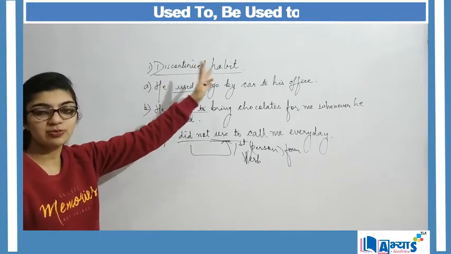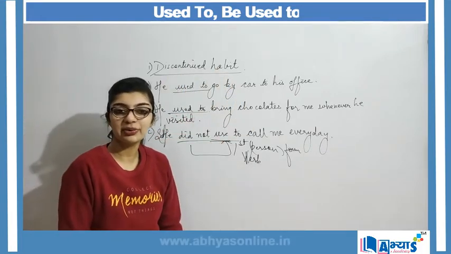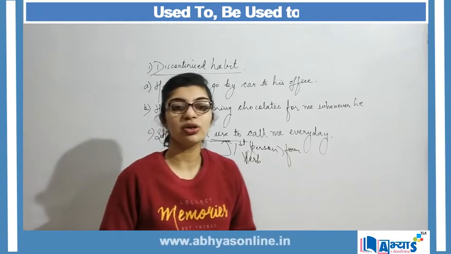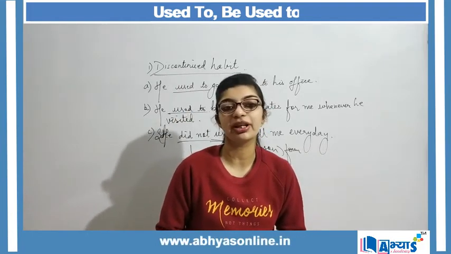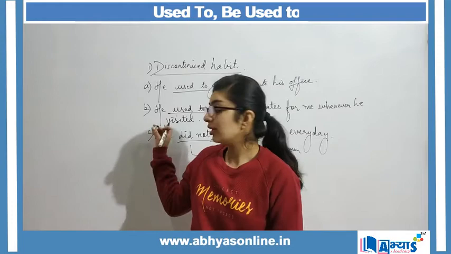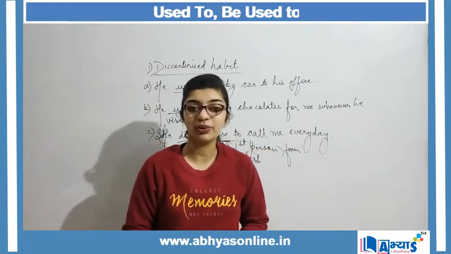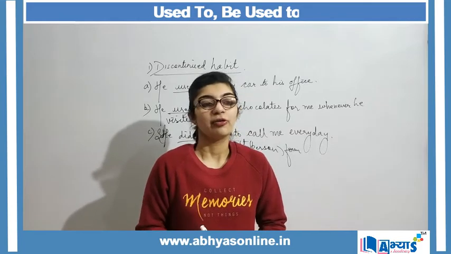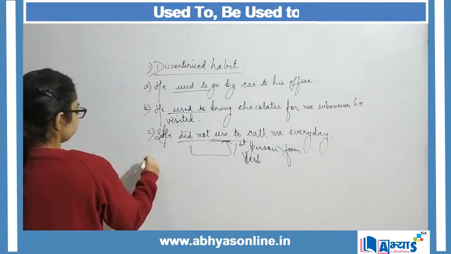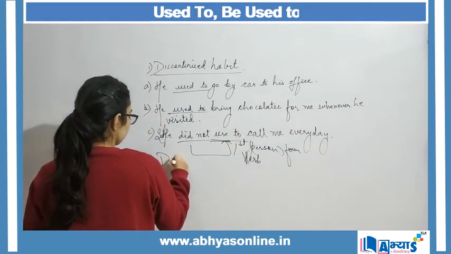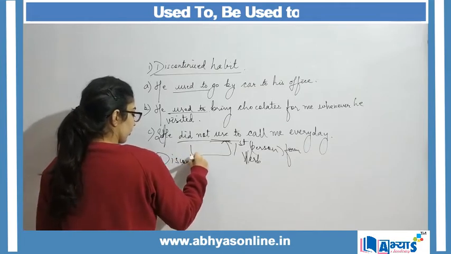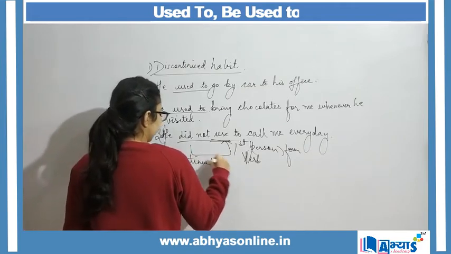So first we are talking about discontinued habit, and now we will talk about discontinued event. Here used to is used for showing some kind of discontinued habit. Now for discontinued event.